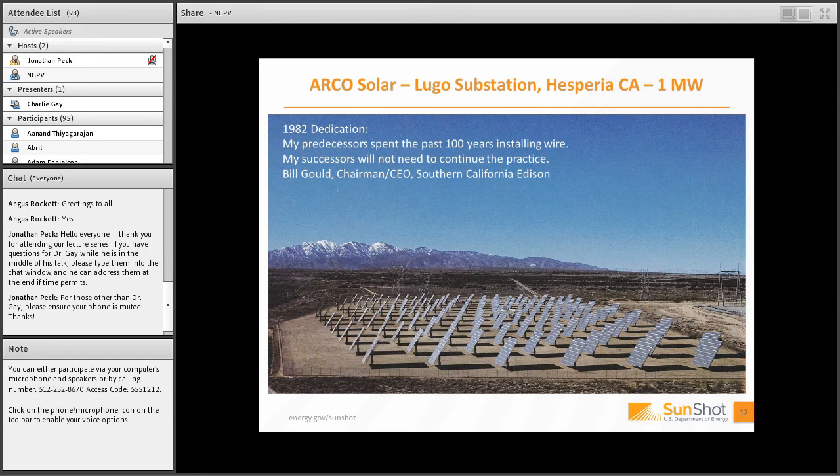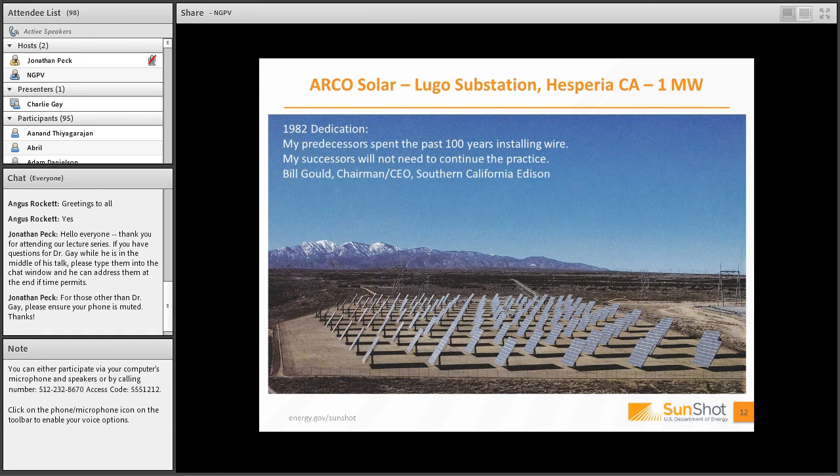Ironically, the chairman of Southern California Edison was very passionate about seeing solar deployed by SCE, came to this Mojave Desert site to give a speech, and it boiled down to saying that his predecessors in the utility world had spent 100 years installing wire, but his successors didn't need to continue installing more wire, taking advantage of solar.